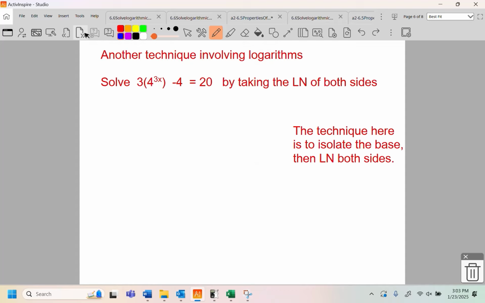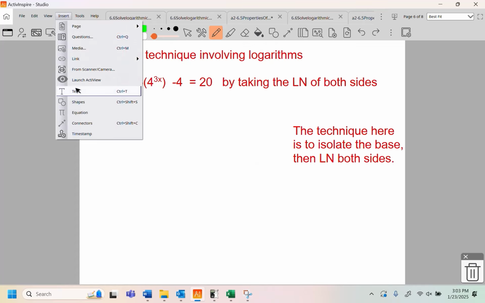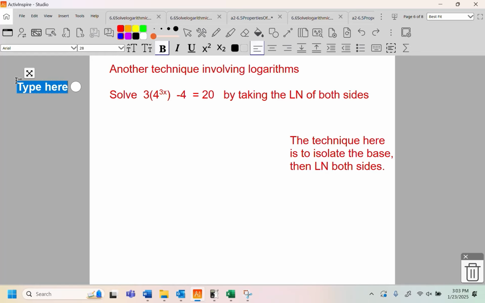Here's another technique, and it's a really good technique. It works well for kids who struggle with log is bay. So I'm going to put a little note here. If you struggle with log is bay, this is for you.